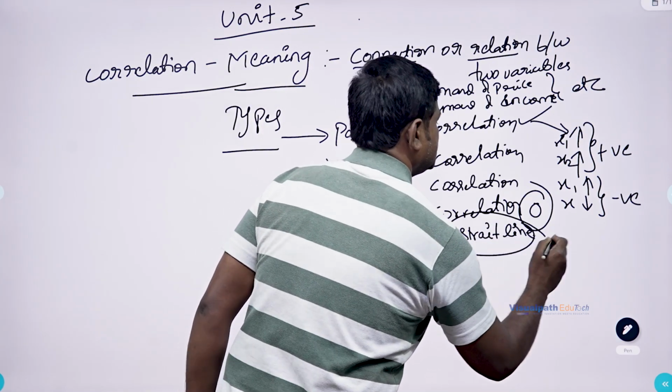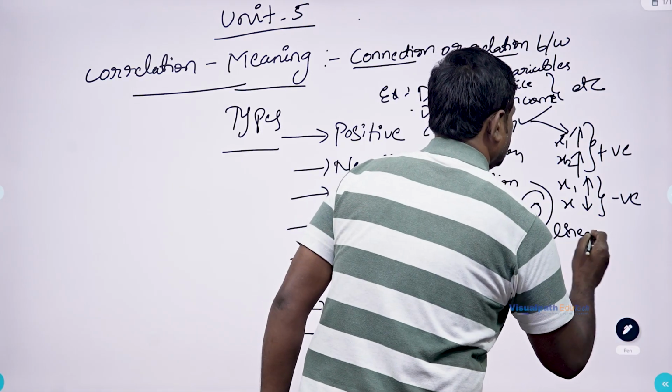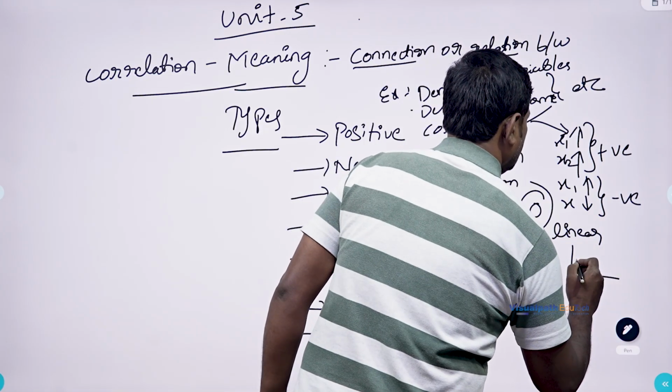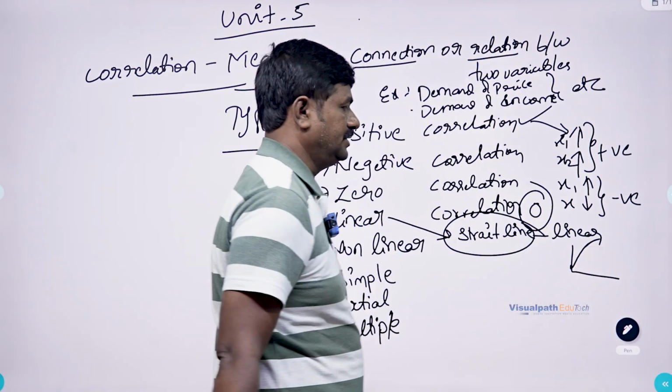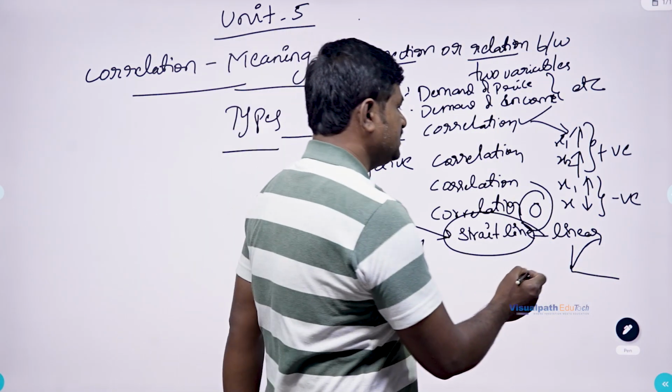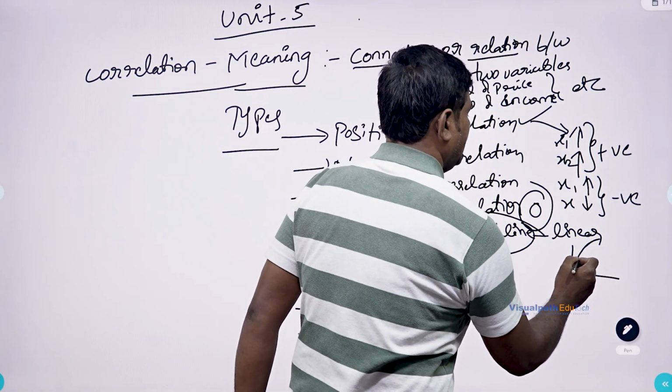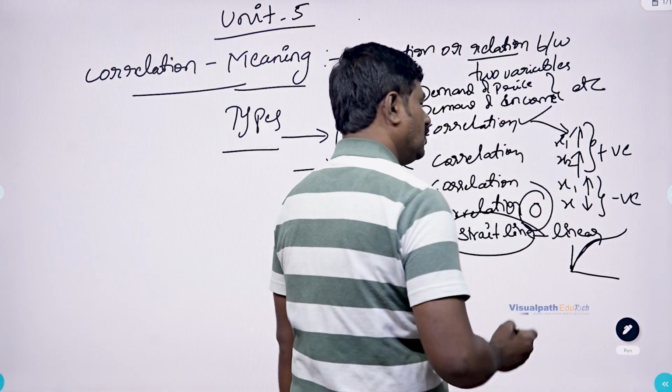For example, the line will be like this. That is linear correlation. Both the variables move in the direction, so the line will be like this. That is a linear correlation.